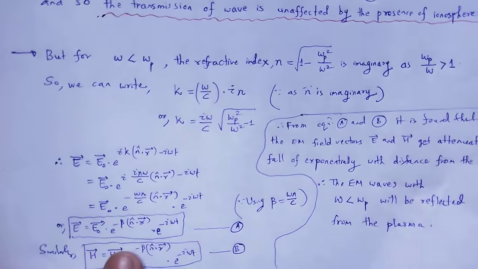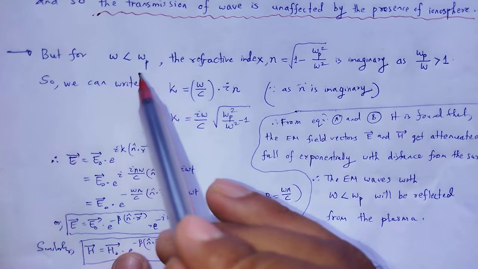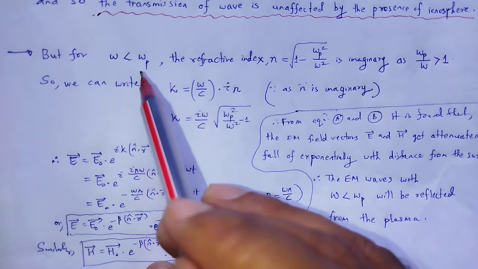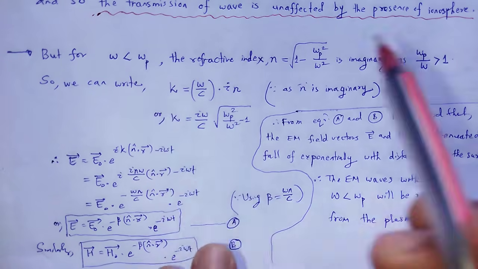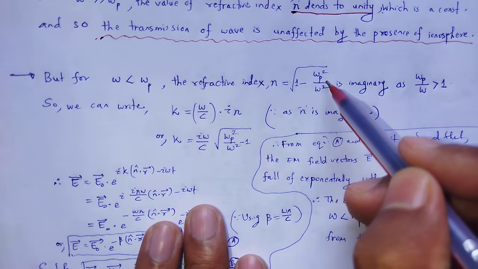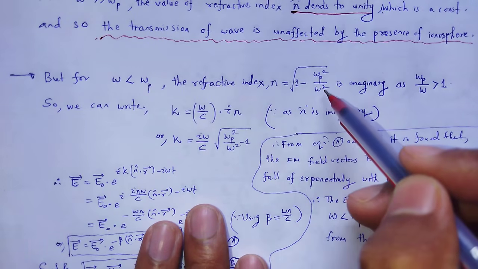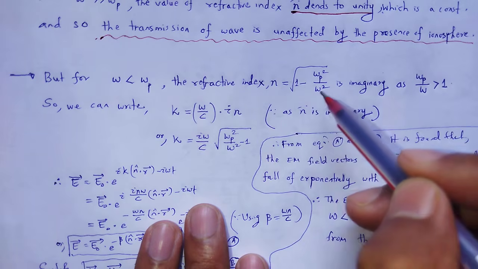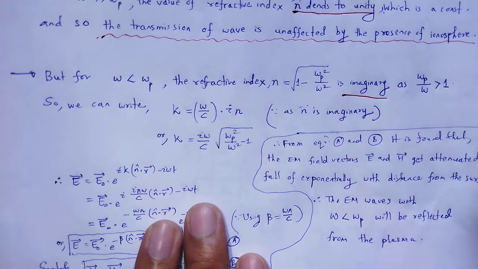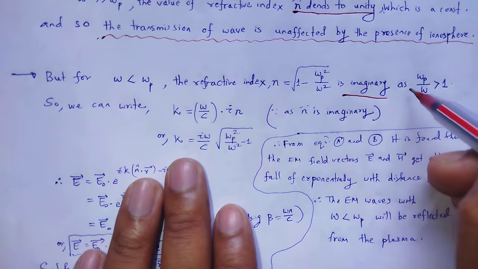Next, when omega is less than omega p, that is, the frequency is less than the plasma frequency, then the refractive index expression, the square root of 1 minus omega p squared divided by omega squared, is imaginary, as that term is less than 1. So the refractive index is imaginary.